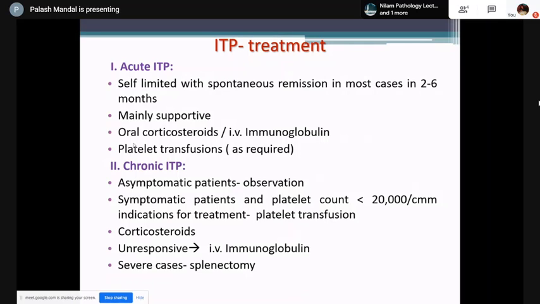Chronic ITP is very difficult to treat, as I told you, because the disease follows a waxing and waning pattern. Steroids may be given, and in unresponsive cases IV immunoglobulin may be given. In some cases where the spleen is responsible and becomes enlarged, though usually ITP cases do not show splenic enlargement, splenectomy may be recommended, but usually it is not done.